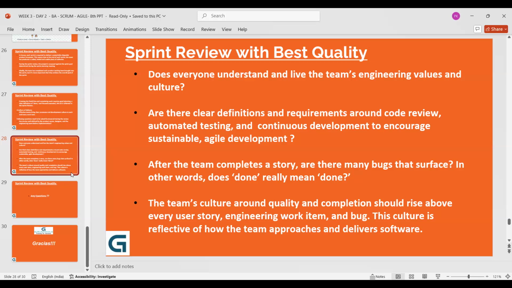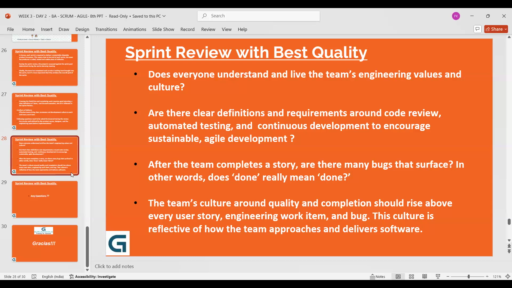The team's culture around quality and completion should rise above every user story, engineering work item. But this culture is reflective of how the team approaches and delivers software.